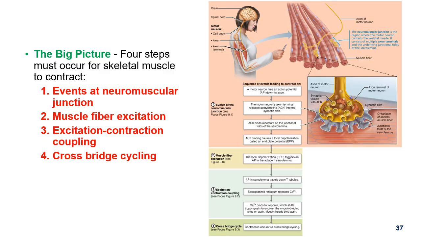All right. So the big picture here, what is going to happen at the neuromuscular junction? You are going to excite those little channels, and you're going to cause something to happen inside of your muscle cell. You're going to send the transmission through the T-tubule, and you're going to cause release of calcium from the sarcoplasmic reticulum, and then you're going to cause the start of your contraction.